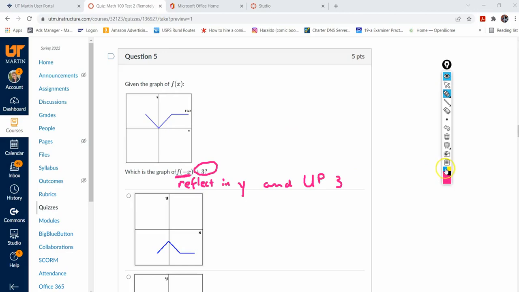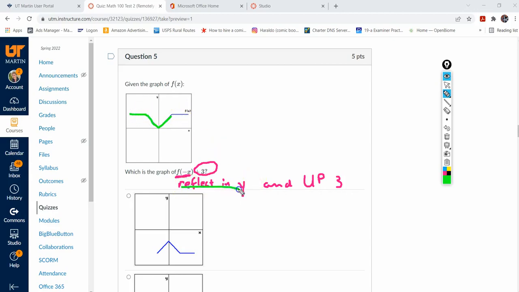So I'm going to start by reflecting it in y. This part will be reflected here, and that part would be reflected there, and this part reflected in the y-axis is going to be that.